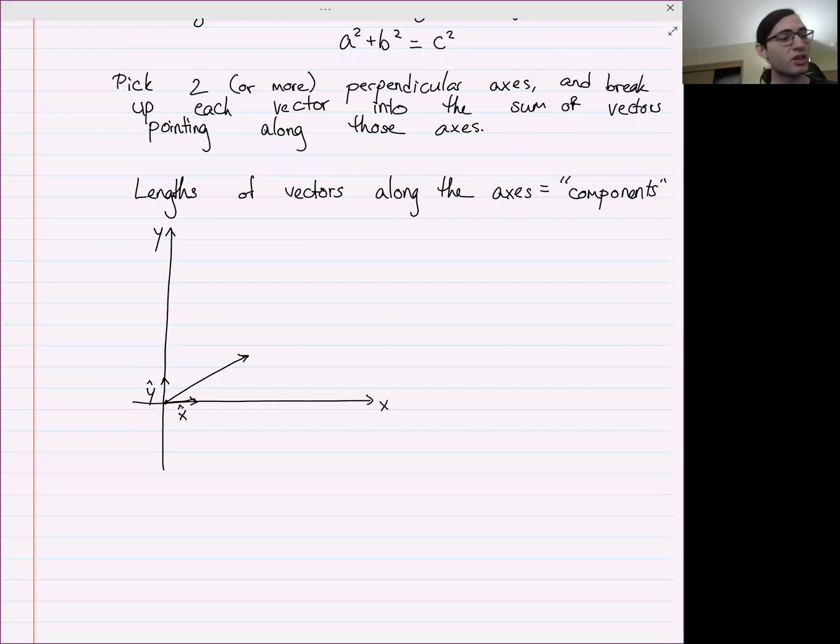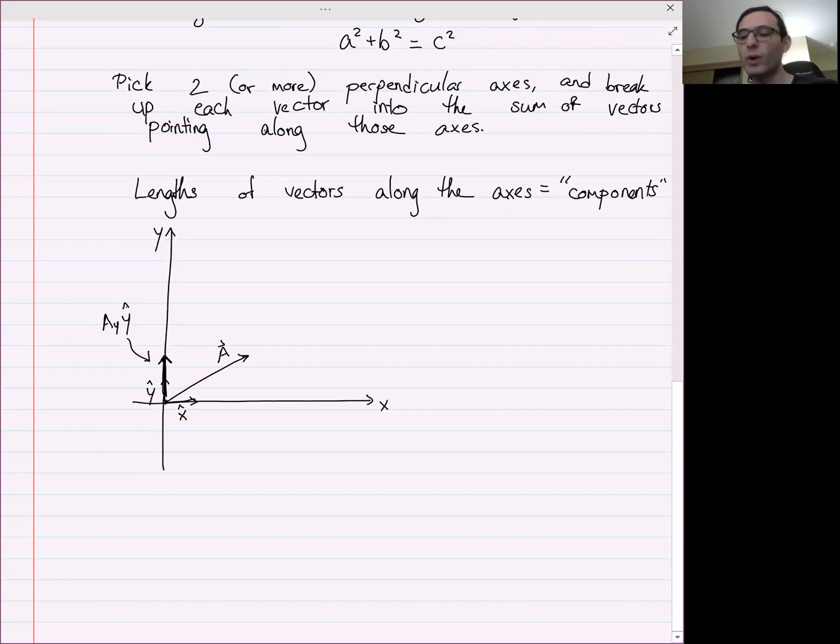So what we can do is figure out what the components are of this vector A in each of these directions. This taller vector would be the vector that we call AY in the y hat direction.